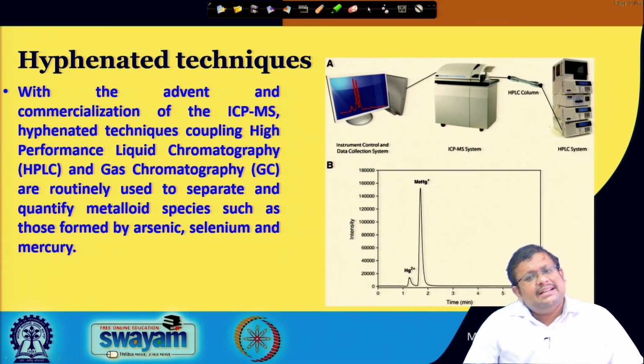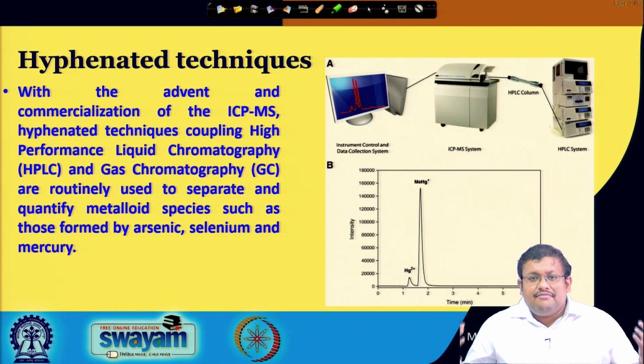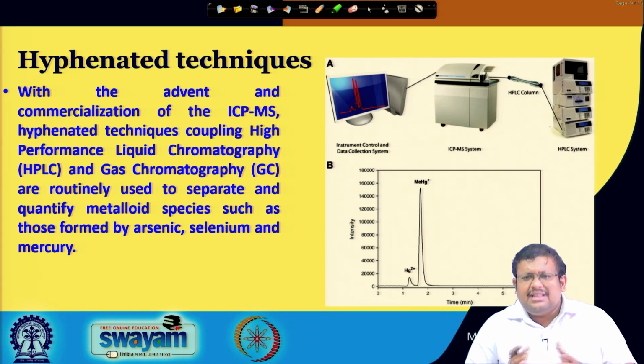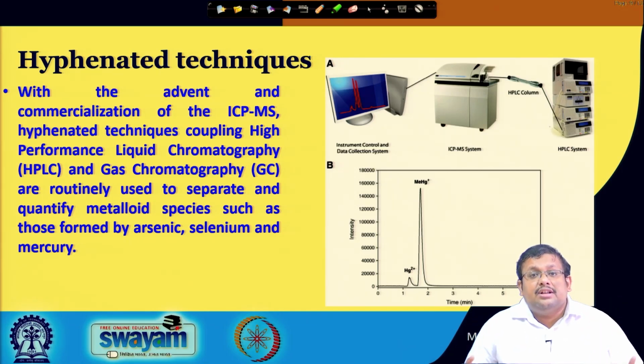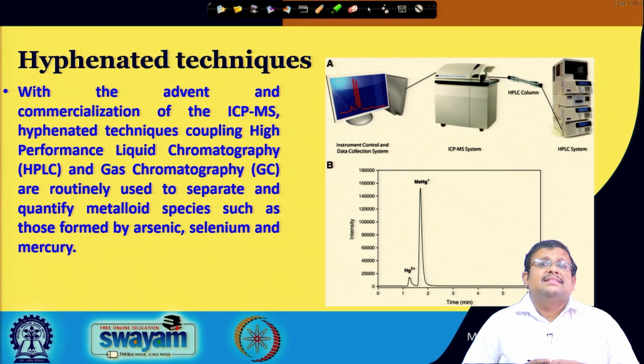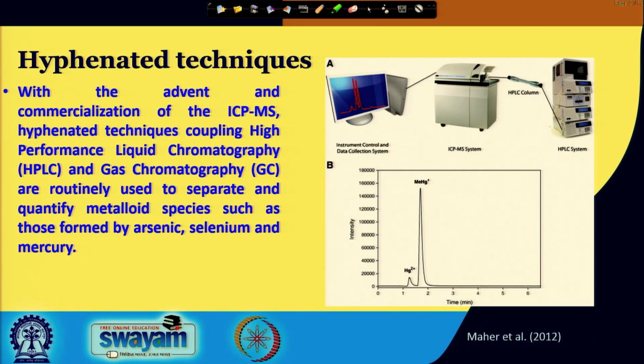Now, technological advancement of these different types of analytical techniques nowadays also helps in the development of different hyphenated techniques. What are these hyphenated techniques? With the advent of commercialization of the ICP-MS, hyphenated techniques coupling high performance liquid chromatography and gas chromatography are routinely used to separate and quantify the metalloid species such as those formed by arsenic, selenium and mercury.